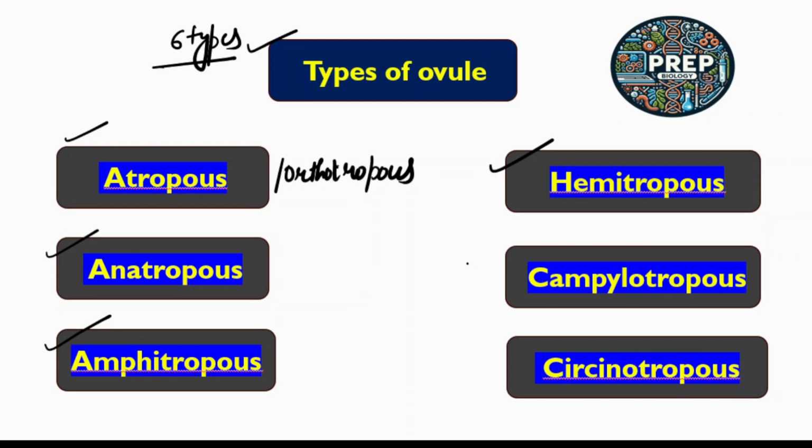Fourth is Hemitropous. Fifth is Campylotropous. And the last one is the Sarcinotropous. So there are 6 types of ovules present in the different species of the plant. The types of ovules and their examples are very important for your board exam point of view. So make sure you understand it carefully. Let's begin with the first type.